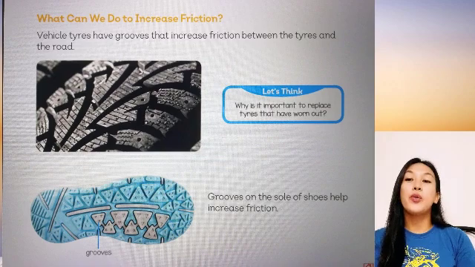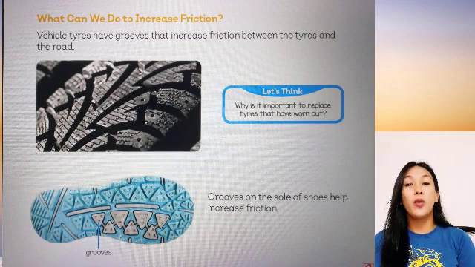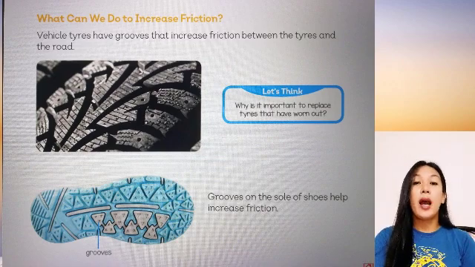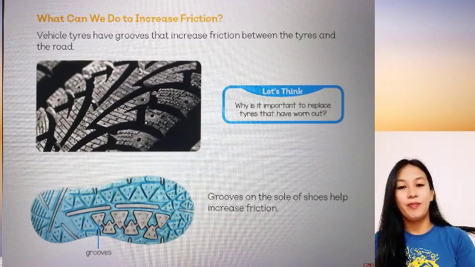Friction is increased when you have grooves on the soles of your shoes, which helps us to not slip on smooth surfaces when we are walking. So these grooves on your shoes are for you to be able to walk safely without slipping, because it increases friction.